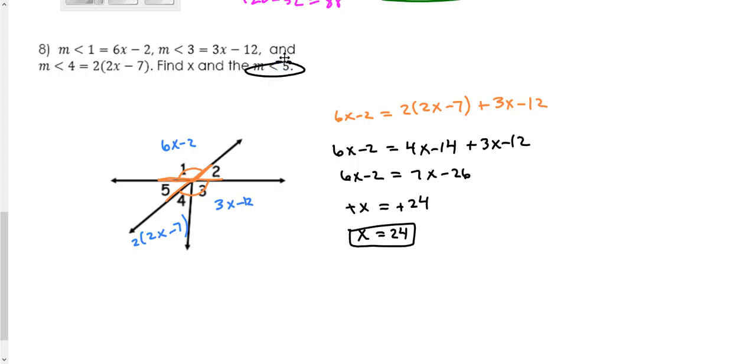And I also need to find the measure of angle 1. So where's angle 1? Angle 1's right here, so that would be 6 times 24 minus 2, which equals 142 degrees. So the measure of angle 5, make sure we label this, is equal to 142 degrees. And we're done.